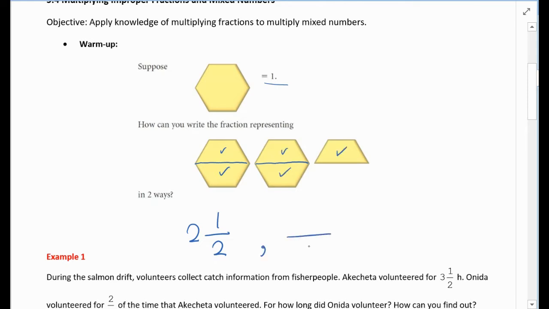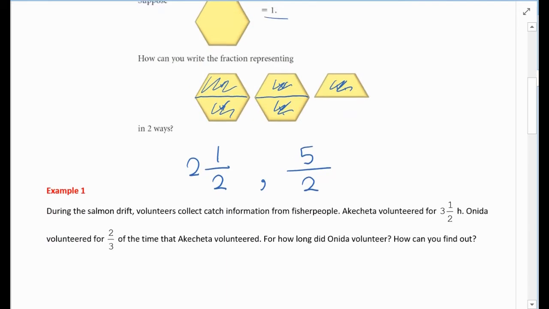So out of 2, it has 1, 2, 3, 4, 5 half hexagons. So we can represent it in 2 ways, 2.5, or 5 half hexagons, which is 5 over 2.